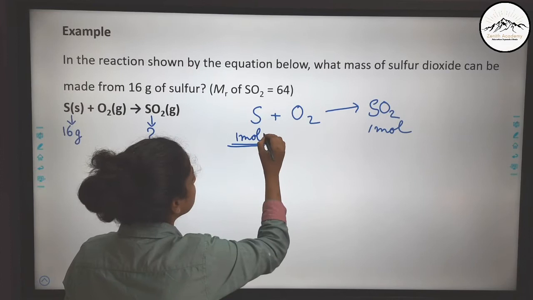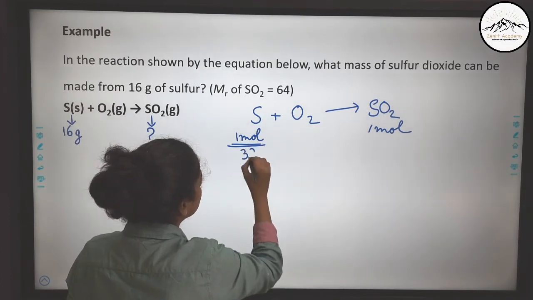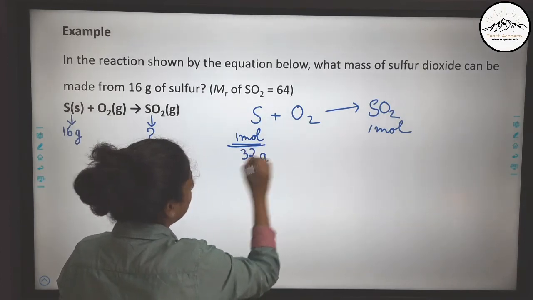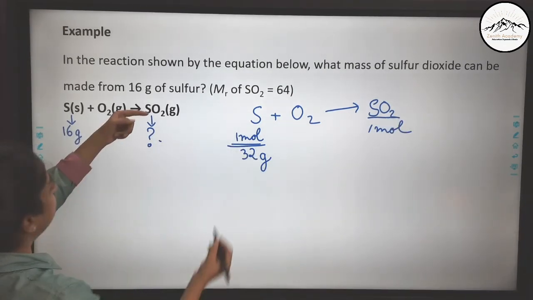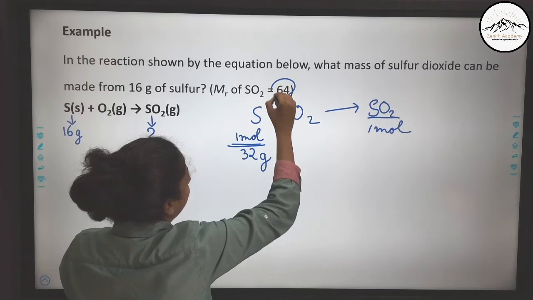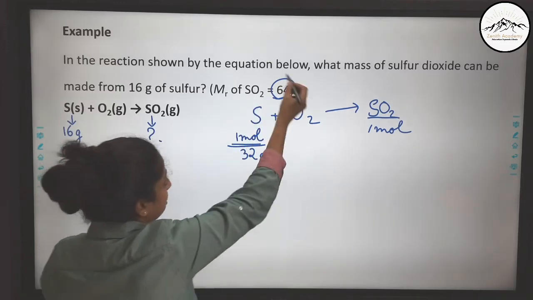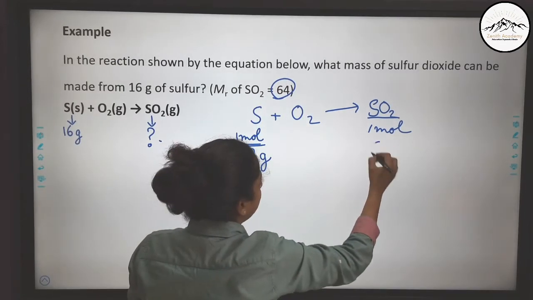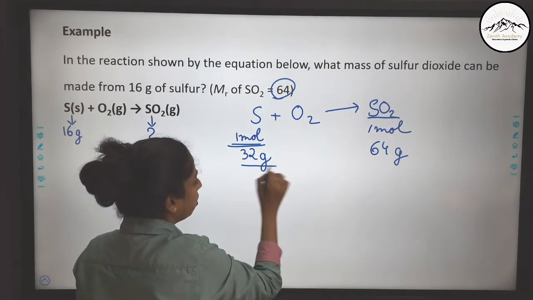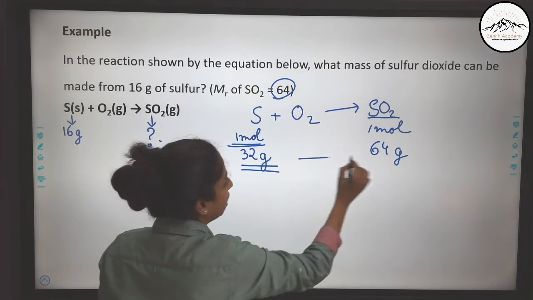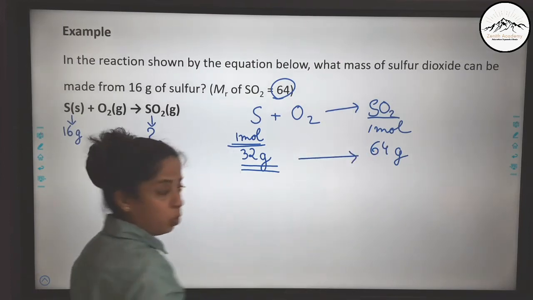So 1 mole corresponds to 32 grams. Now here 1 mole of SO2 is already given to you in the question. Relative molecular mass is 64. So here we can write 64 grams.